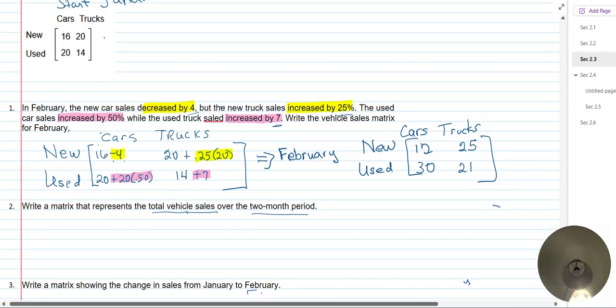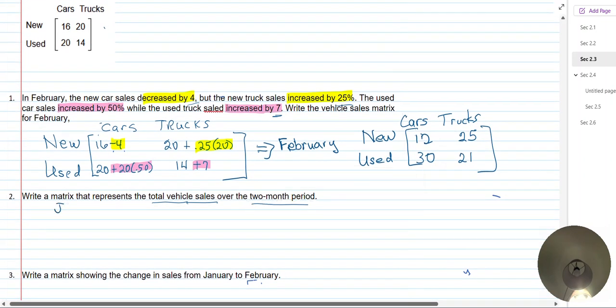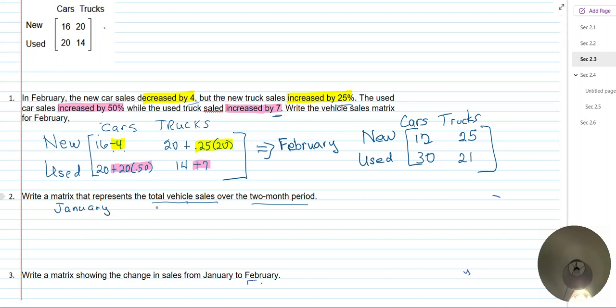So we want to add the January plus the February to give us the 2-month sales. So I put down what I have. I have the new and the used, and we know it's cars and trucks.